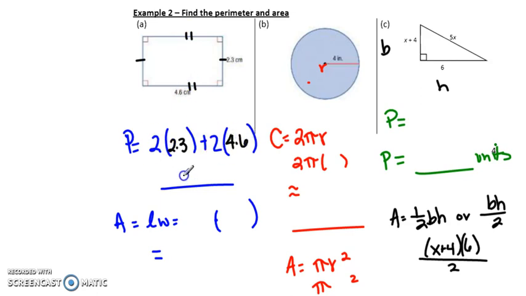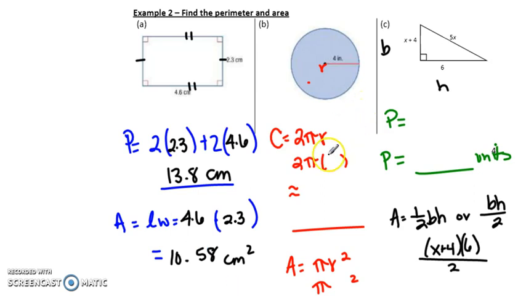We add all that up, and we get 13.8 centimeters for our perimeter. You could even write them in and then add them all up. For the area, length times width or base times height, either one: 4.6 times 2.3, and that gives you an area of 10.58 centimeters squared.